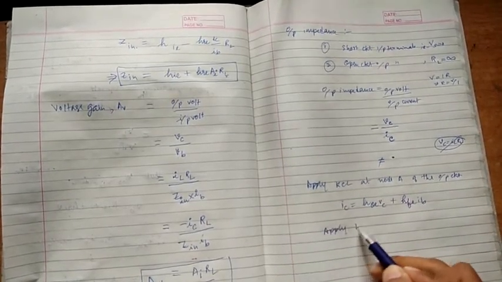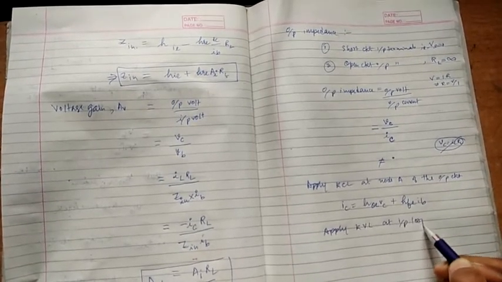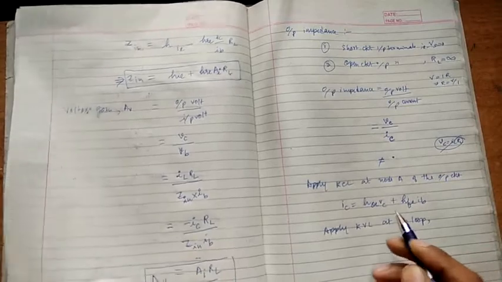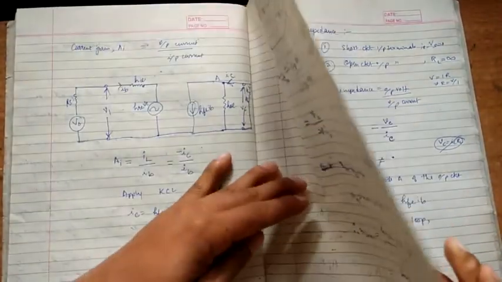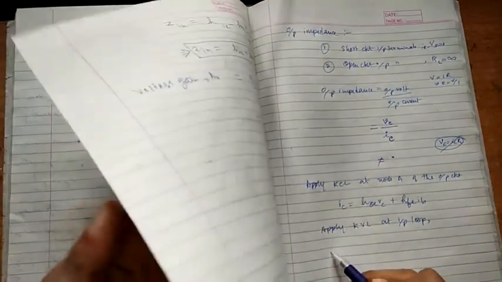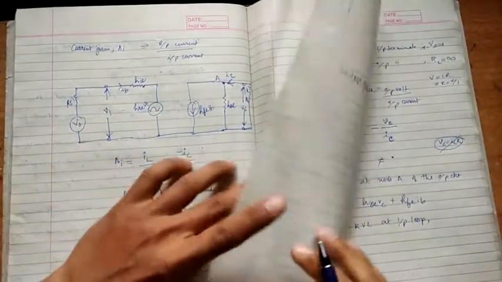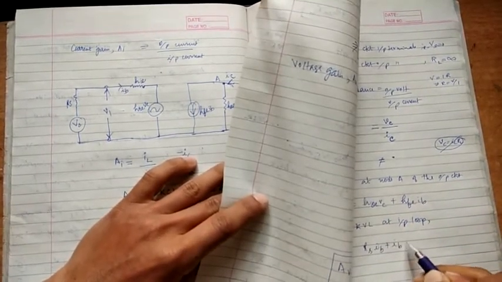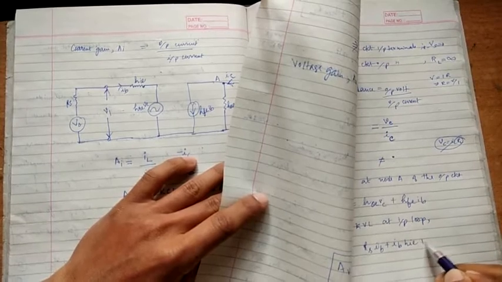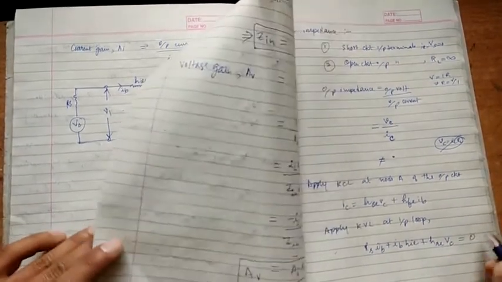Apply KVL at input loop. We get Vs equal to 0, Rs into IB plus IB HIE plus HRE VC equal to 0, because Vs equal to 0.